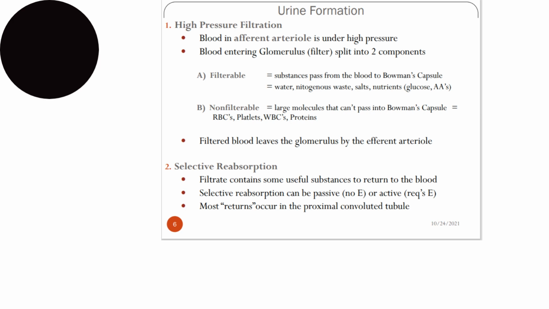Bila dia tak boleh nak ditapis, maksudnya komponen tersebut akan kekal dalam darah. So komponen seperti red blood cell, platelet, protein cannot be in urine. That's why kalau dalam urine test, kalau detect adanya blood cell component, bermaksud ada problem dengan kidney ataupun kita panggil kidney bocor.